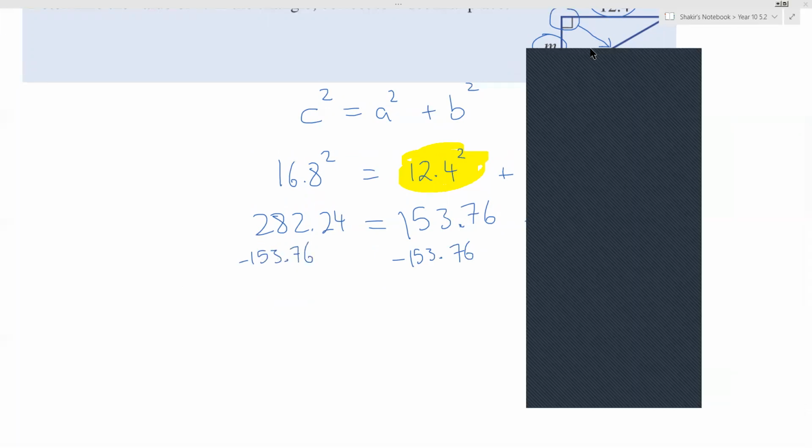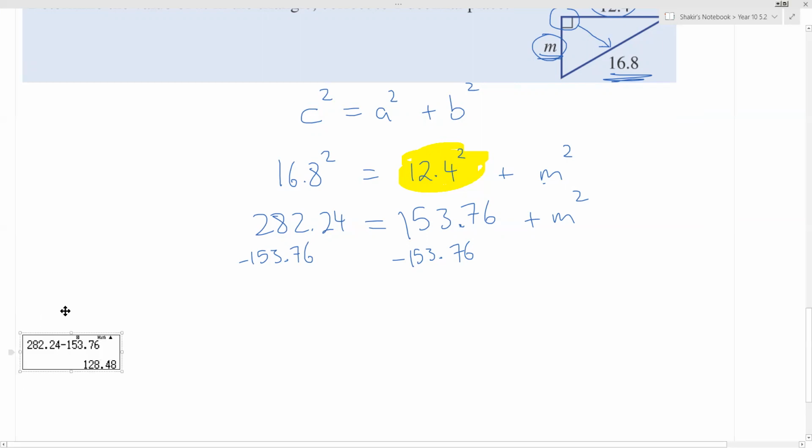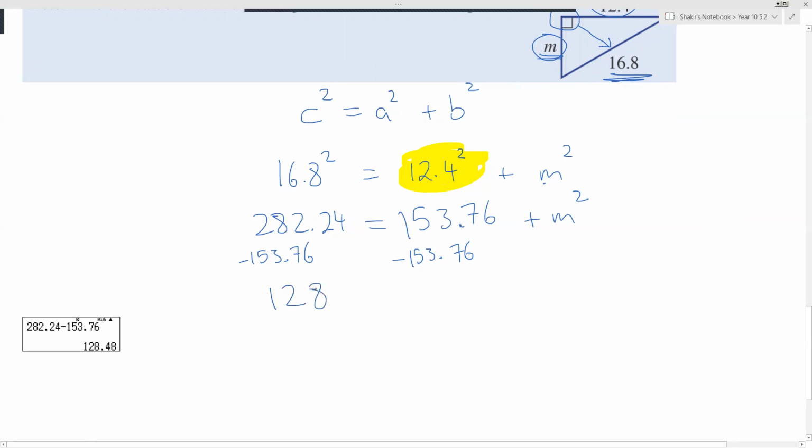Pull out my trusty calculator again. 282.24 minus 153.76 gives 128.48. That's equal to, and that's canceled out because I subtracted it, M squared.